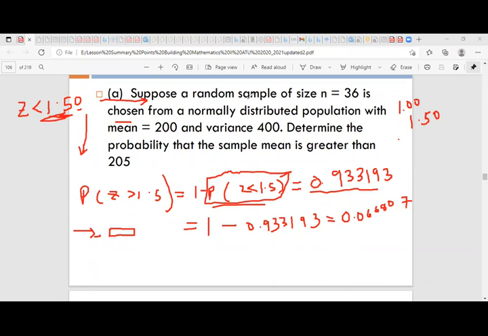That's what I downloaded on the net. Then there is no difference. The standard normal table is a cumulative probability table. So whether you downloaded a cumulative probability standard normal table, it will be the same.